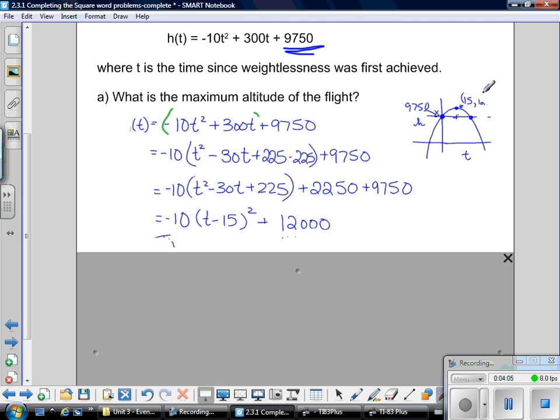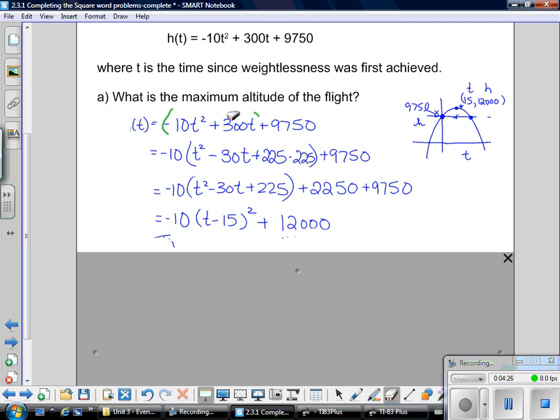We know that the vertex is at the top here, which happens at 15 and positive 12,000. Remember, that's our t, that's our h. So that's what we found out.